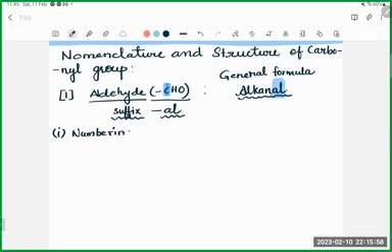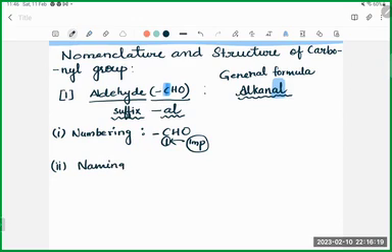How do we remember? Here it is specific: the aldehyde carbon is numbered as carbon 1. Remember, this is a very, very important point, because the carbonyl group is present and the aldehyde functional group is considered, so priority is given to this carbon. The second step is naming. The naming rule goes the same, and as I have given, alkanal, follow this.